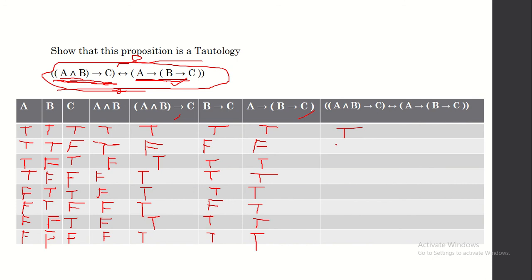After that they both are false, so this will be true. They both are true, so true. Then this case is also true. Here for these inputs both of them are true, so this is true. So now we can see that all the outputs are true. As all the outputs are true, this will be a tautology, right?